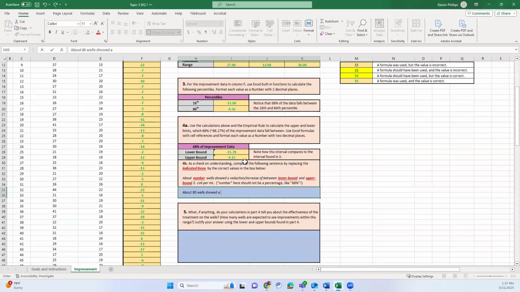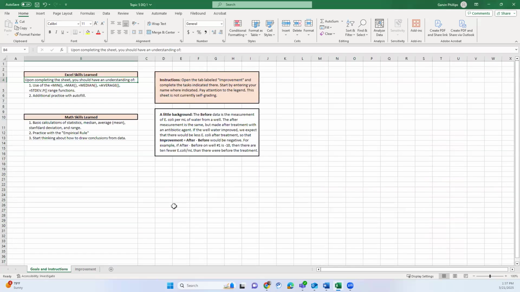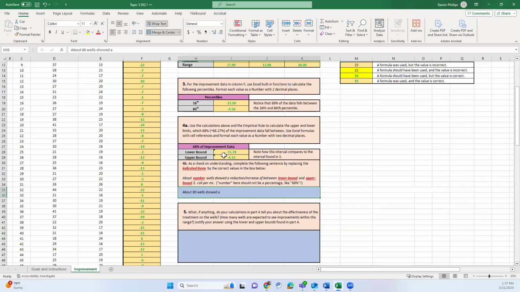But they're not, they're negative. So this means, as we mentioned from this first page where they're talking about this, that there are fewer E. coli than there were before the treatment. So this says that there's a reduction. So I'm going to use the word reduction.